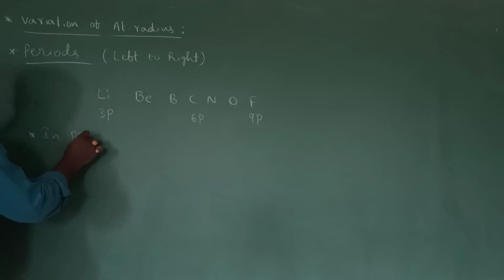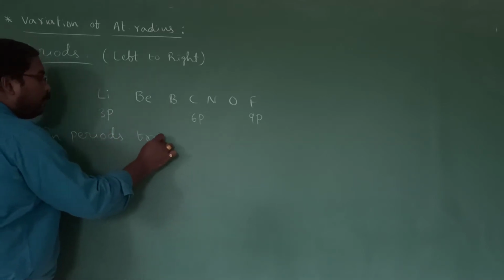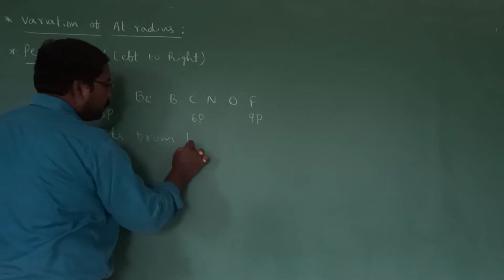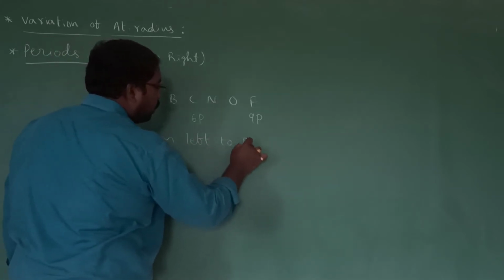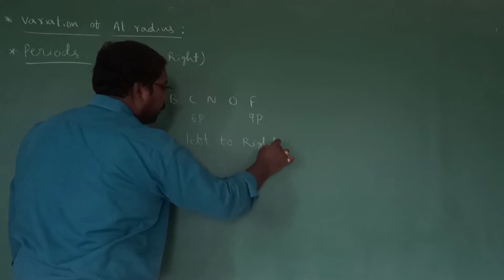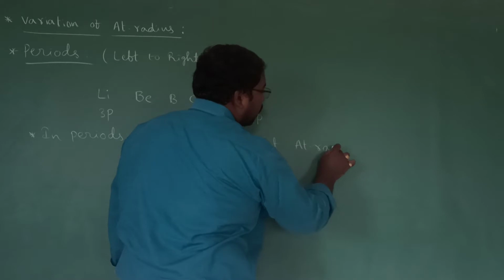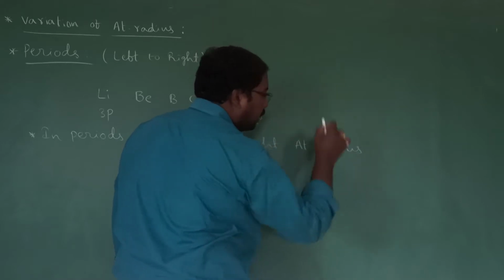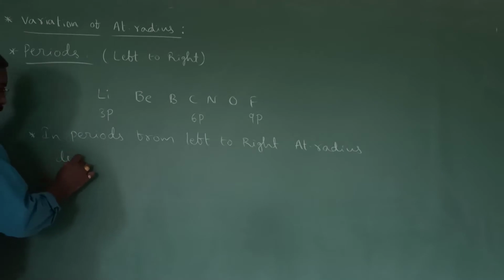In periods, from left to right, the size of the atom decreases.